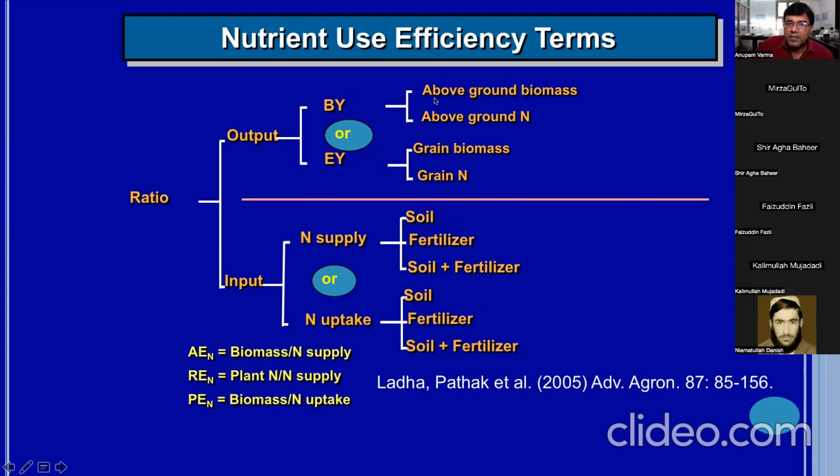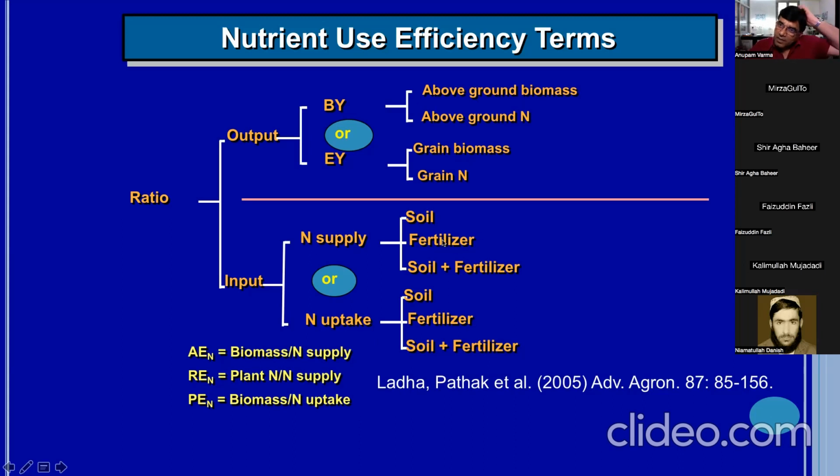Then take the next case, above ground biomass, divide by fertilizer, just by fertilizer. Or you can divide grain biomass just by the fertilizer applied. Here fertilizer applied means the nutrient from fertilizer applied. It is not the quantity of the fertilizer. It is the amount of nutrient that is coming from the fertilizer.